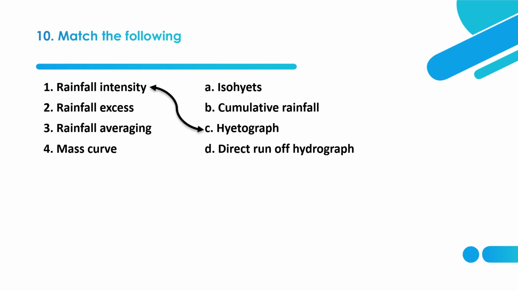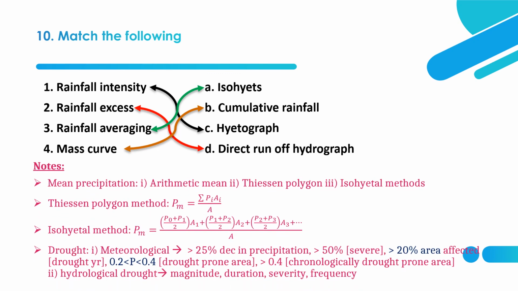Rainfall intensity is related to the hydrograph. In the hydrograph we use the rainfall intensity, that is centimeter per hour or mm per hour. Rainfall excess is related to direct runoff hydrograph. Rainfall averaging is related to isohyets. And for cumulative rainfall, in the mass curve we use the cumulative rainfall value.